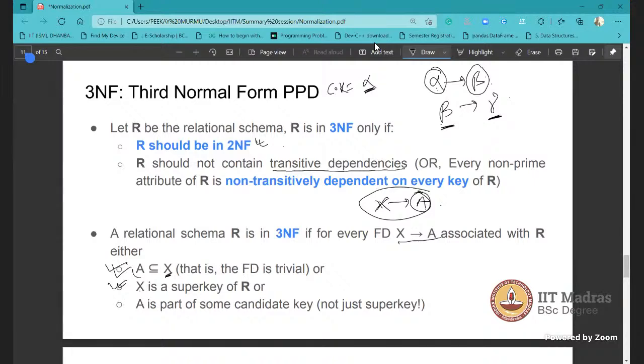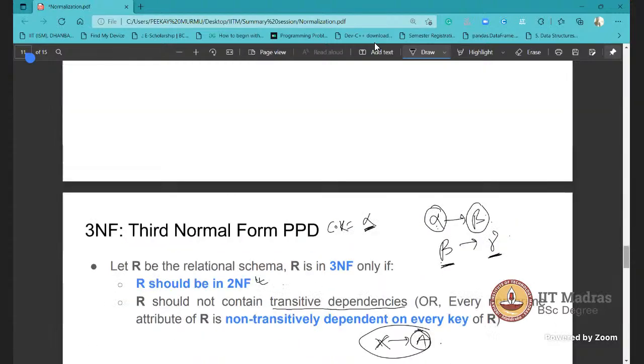Am I clear to you? Right? Yes. Okay. So if a non-prime attribute derives another non-prime attribute, then we call it a transitive dependency. For that, in the third normal form, it is not allowed. We are not allowing that transitive dependency.